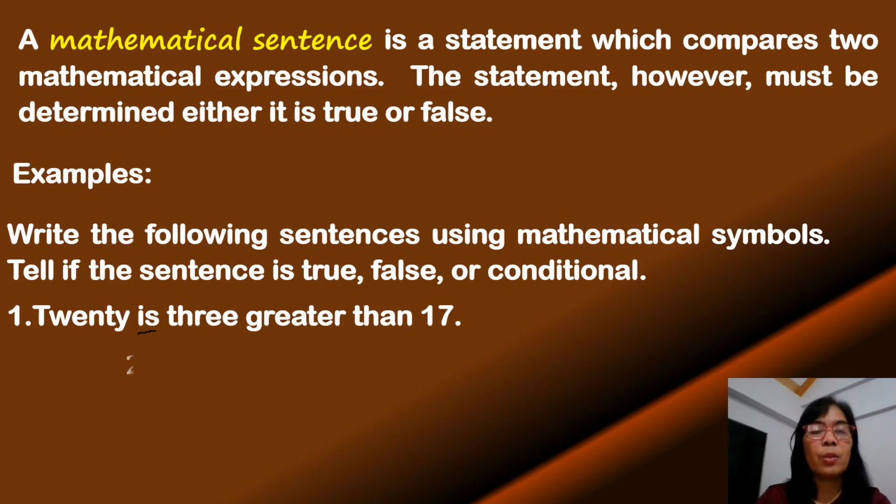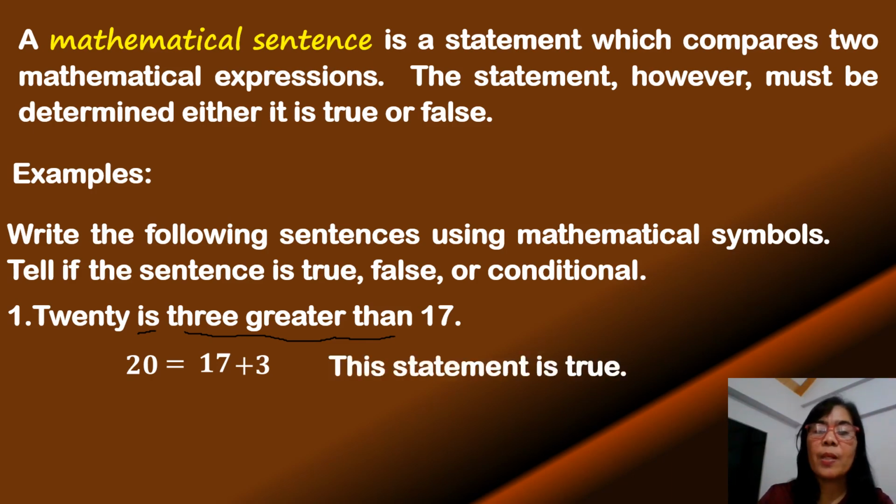So we have 20 is 3 greater than 17. Recall how we translate this to mathematical symbols: you write 17 first and then add 3. So this is now 20 is equal to 17 plus 3. Of course, knowing that 17 plus 3 is 20, we say the statement is true.